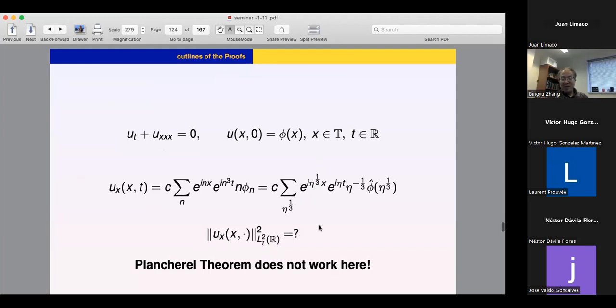But of course, immediately you have trouble because this is a discrete Fourier series. Plancherel's theorem does not work here at all. Of course, no surprise. We know the Cauchy problem of KdV posed on the periodic domain has no Kato smoothing at all. So Plancherel's theorem doesn't work even though you have an explicit representation of the solution in terms of the initial data. So that's a challenging issue here.